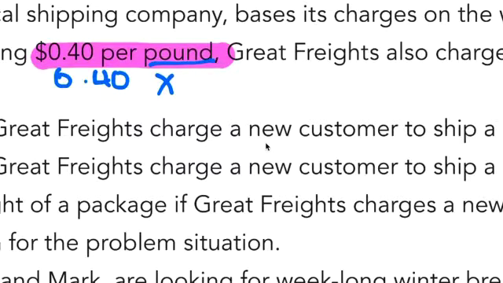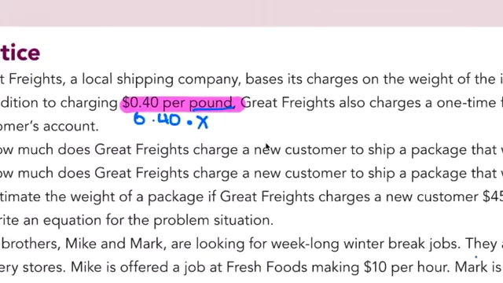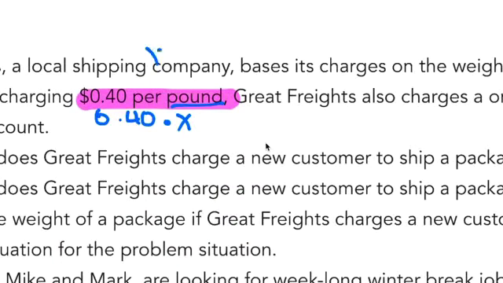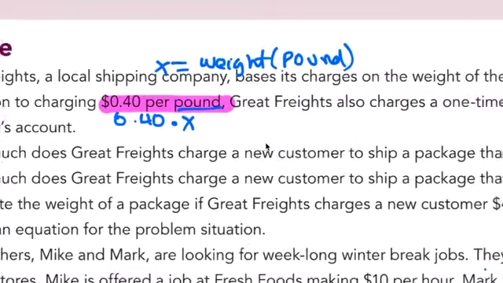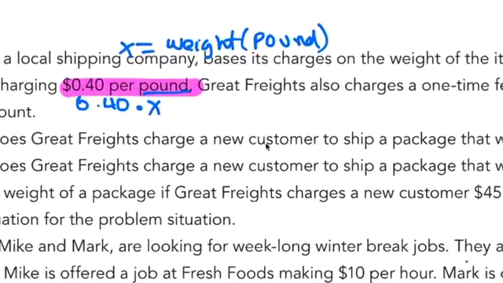So 40 times whatever the pounds are. I'm putting here x represents the weight in pounds, right? Pound is LB. I should abbreviate that.